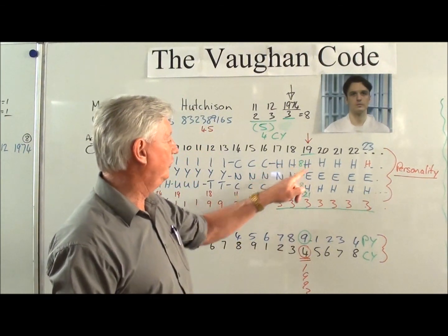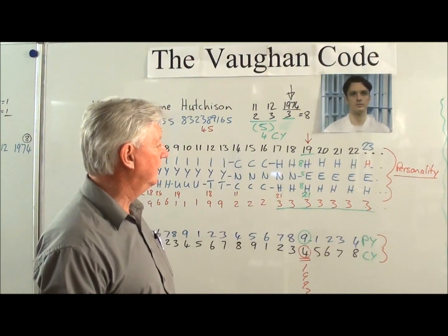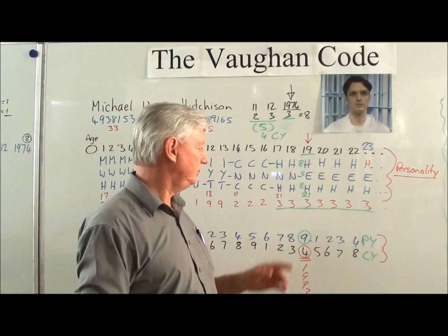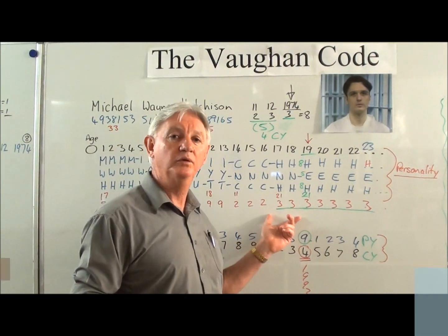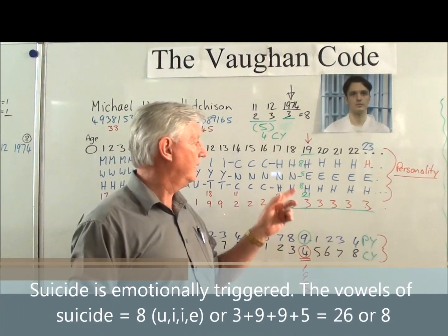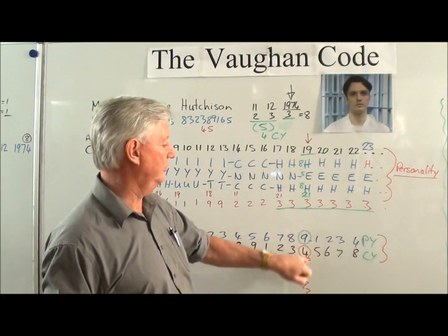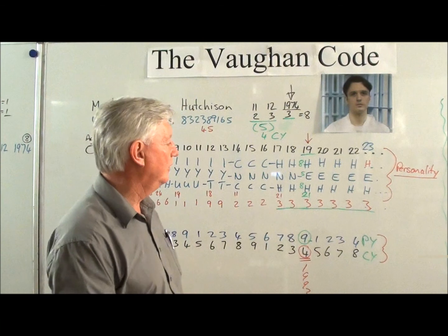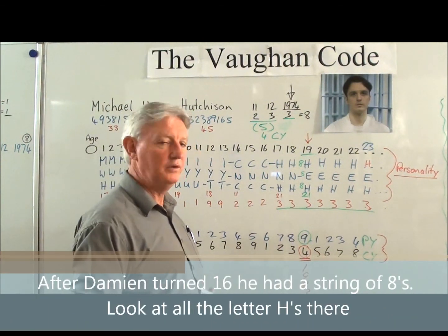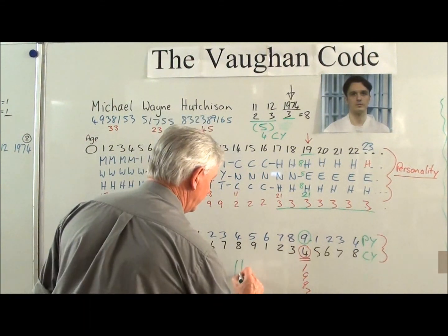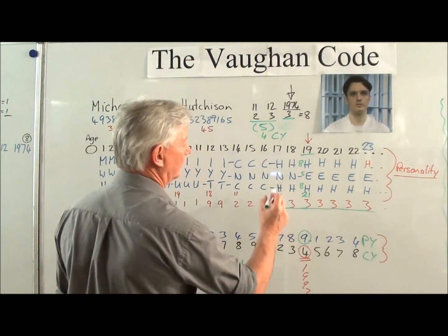And with these H's here, I discovered in the research I've done with Michael or Damien that he in fact had several suicide attempts in the last 3 years leading up to 1993. So I have found over the years in researching that the number 8 has a lot to do with suicide. H equals 8. Look at them.